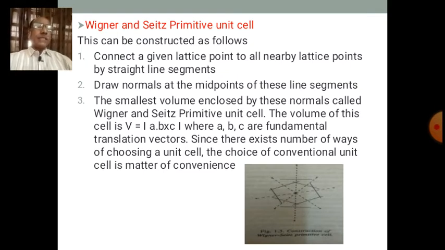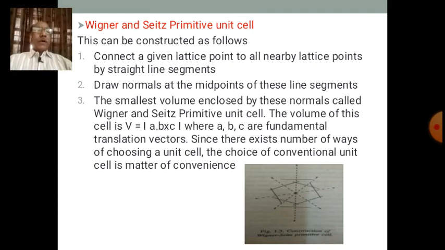In the figure you can see there is a dark black lattice point at the center, and there are other lattice points surrounding it, and this central black lattice point is connected to all nearby lattice points by dotted line segments, isn't it? So, connect a given lattice point to all nearby lattice points by straight line segments.